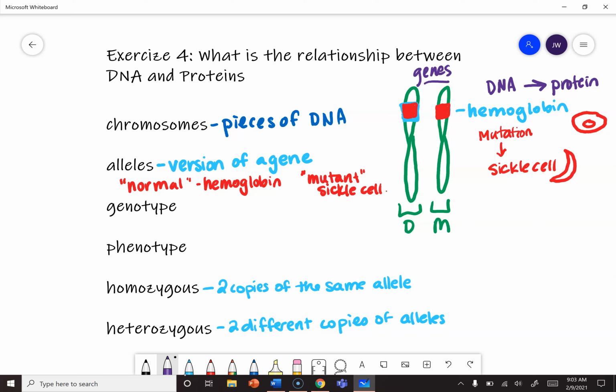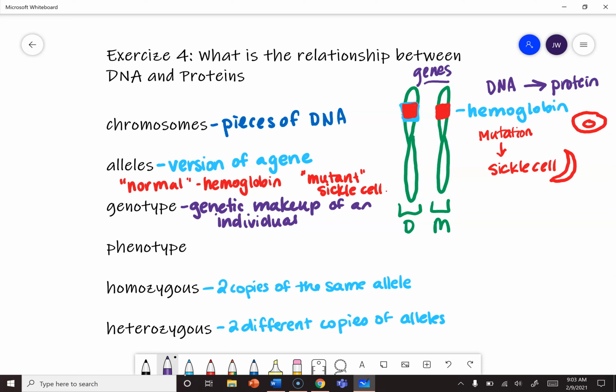A genotype is the genetic makeup of an individual. Now, the alleles are often given particular notations, so we know which one is which.